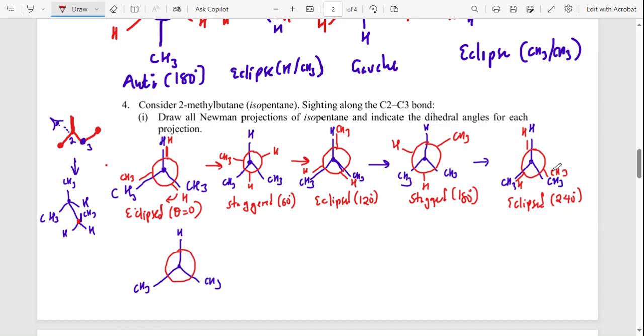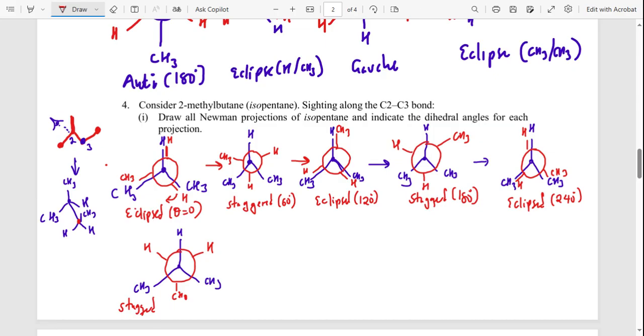So this CH3 that you can see eclipsing will now come here. That is a CH3. And then this hydrogen here is now going to go there. And then this hydrogen on top will come here. So this one is another staggered. It is still called a gauche.